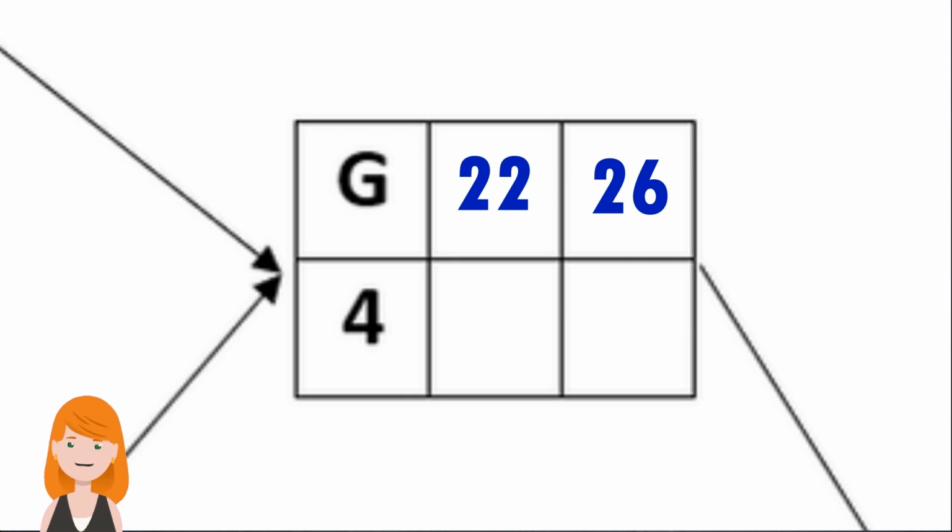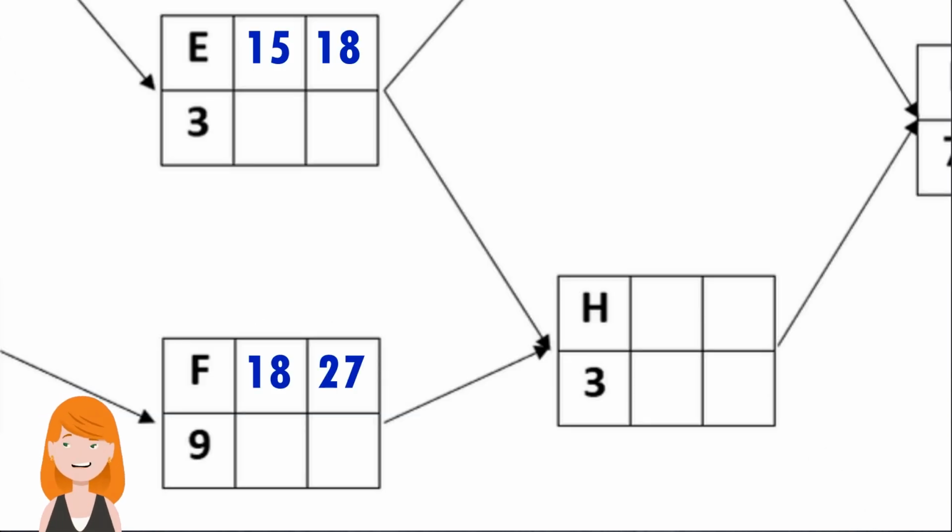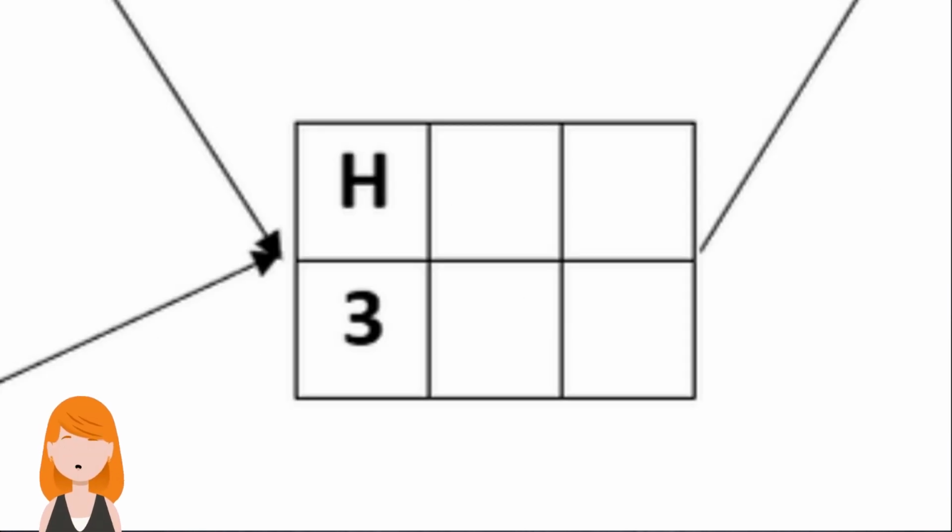H needs E and F to finish before it can start. Since the earliest finish times for E and F are 18 and 27 respectively, and it needs both of them to finish in order to start, then the earliest start time for H is 27.